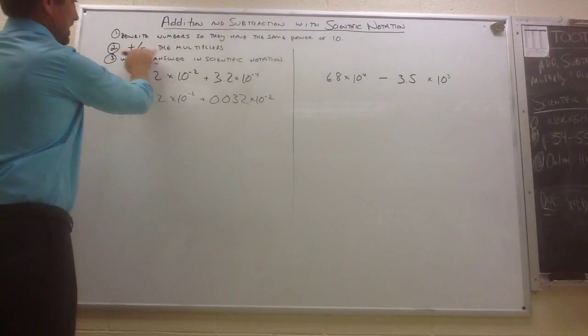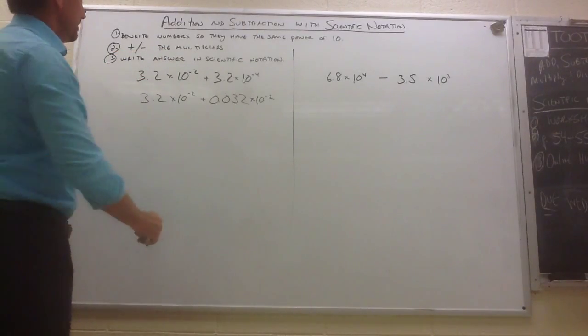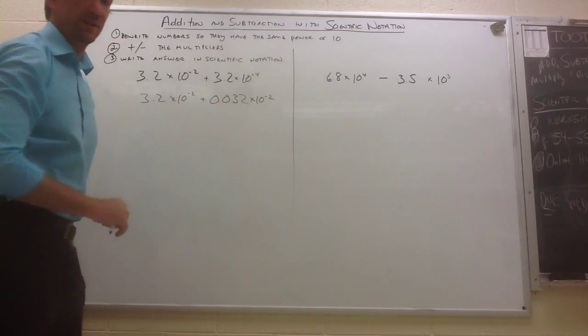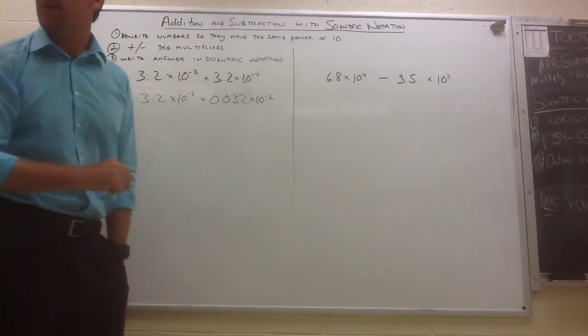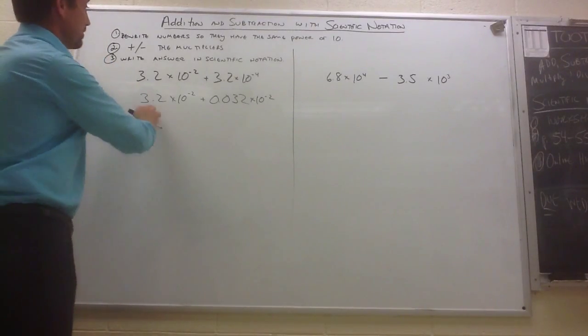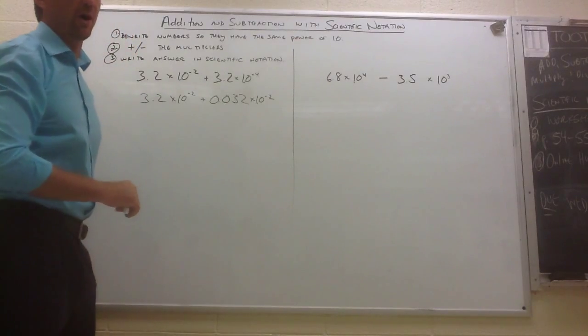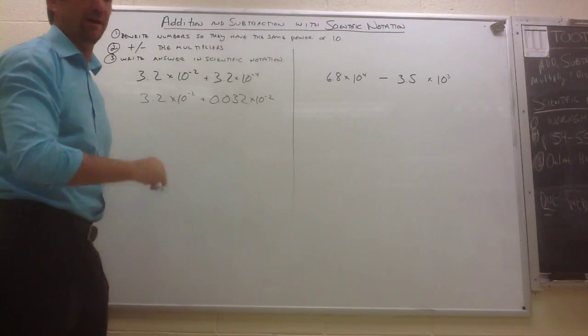Step 2 tells us we add or subtract the multipliers. The multipliers, remember, are the numbers in scientific notation that are not your powers of 10. Okay, remember your multipliers in scientific notation always need to be at least 1 and less than 10.